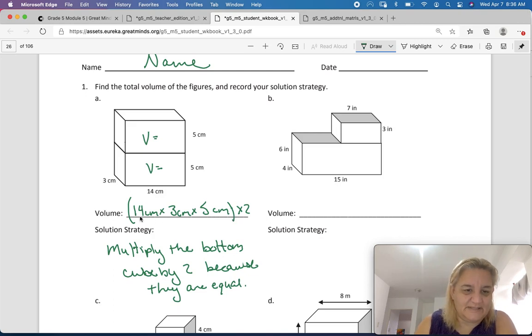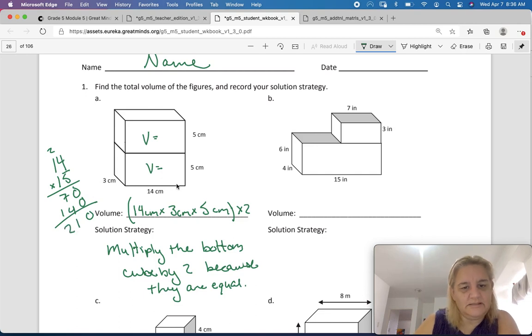So let's do this. 14 times 3. Well, actually, we could do 3 times 5 is 15. I can see that. 15 times 14. Okay, 210. So all of this is 210 centimeters cubed. And then we're going to multiply that by 2.